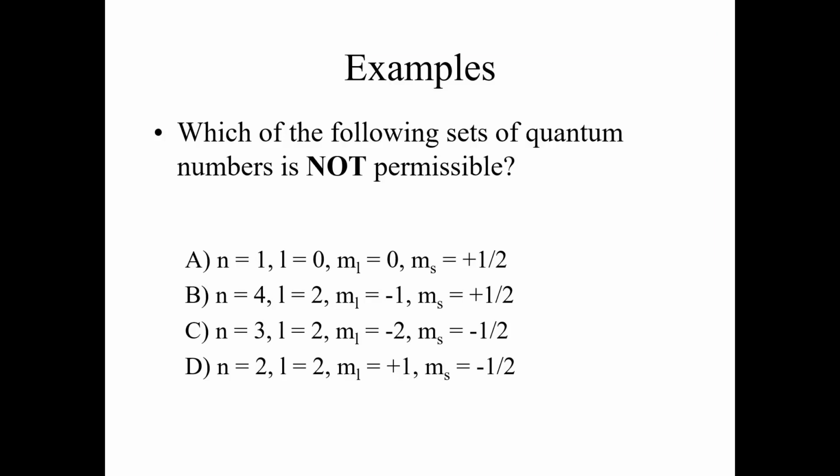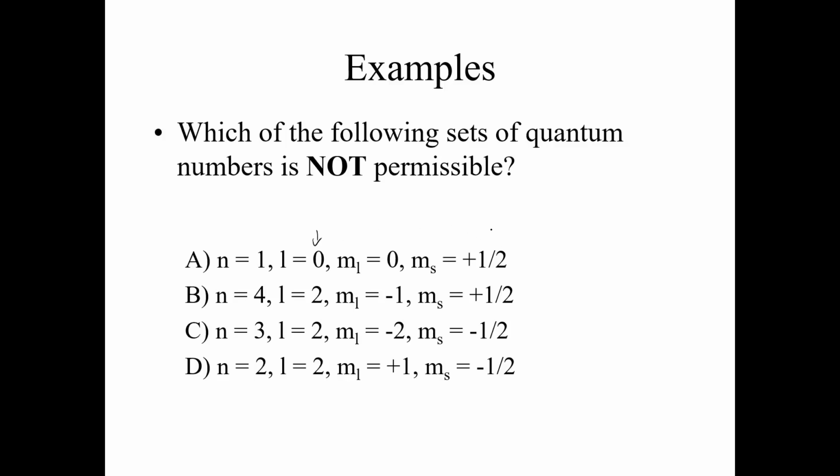Given a set of quantum numbers for an electron, you want to find the problems. So n equal to 1 means the limitation for l is n minus 1, so the highest one here is 0. This is okay. And m sub l, if 0, then 0, that's fine.